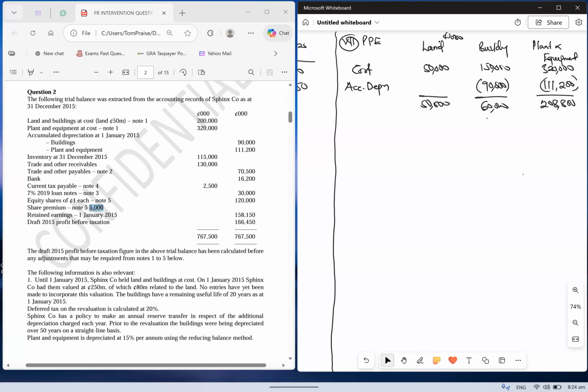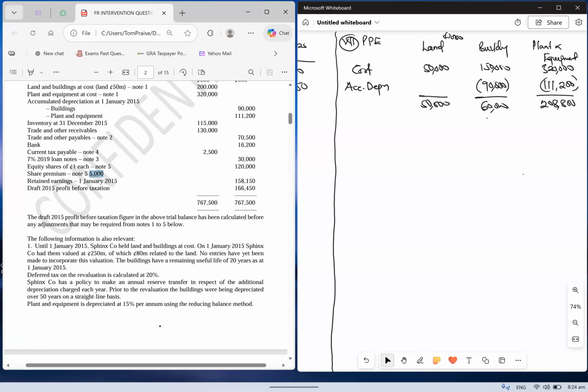All right. Then when you read this part, it told you that they revalued the thing. They revalued it in January. So you realize that there is a revaluation that has been done. There was no revaluation for this one, but they revalued it. It's now together 250, of which 80 is this one.